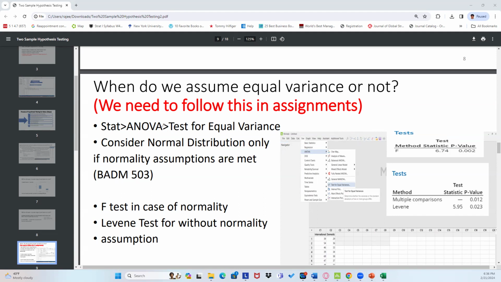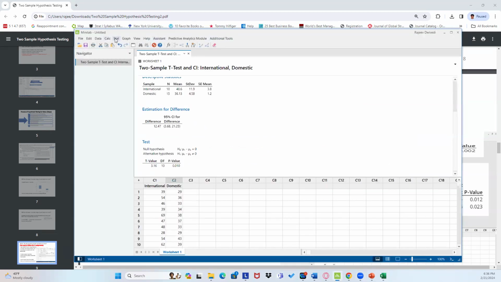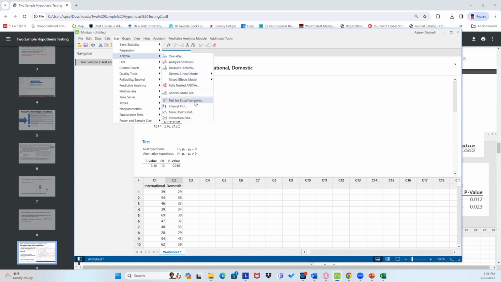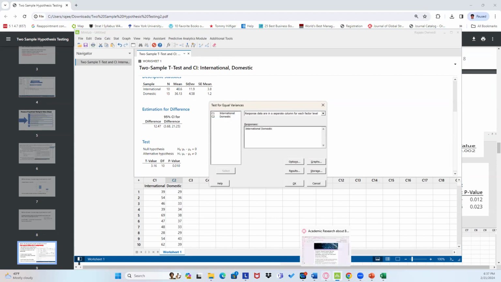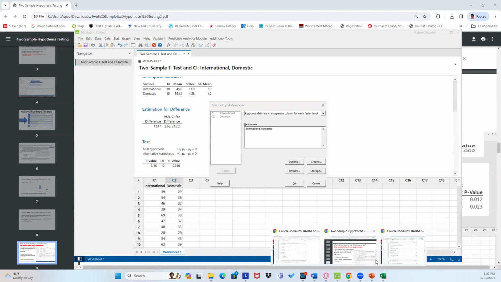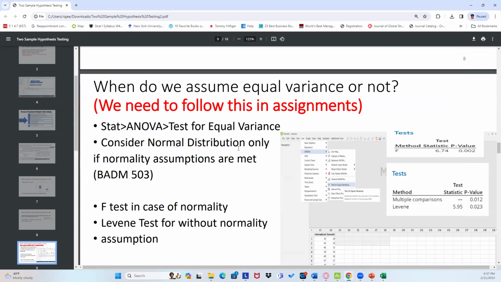Under Statistics, ANOVA, there is the test for equal variance, considering normal distribution only. We spoke about normality in past classes. So let me go under Minitab: Statistics, ANOVA, test for equal variance. Consider it only if normal.